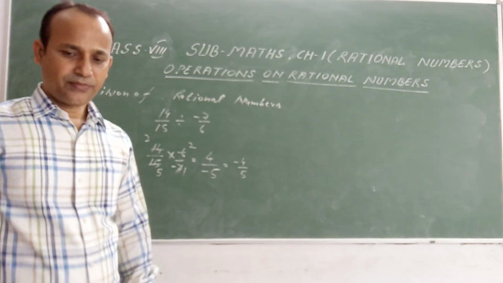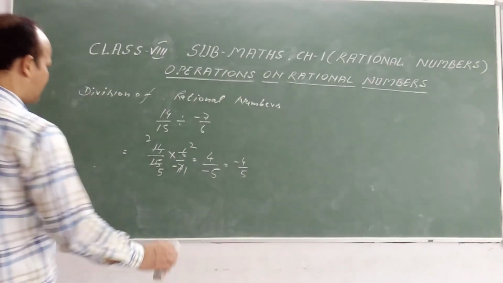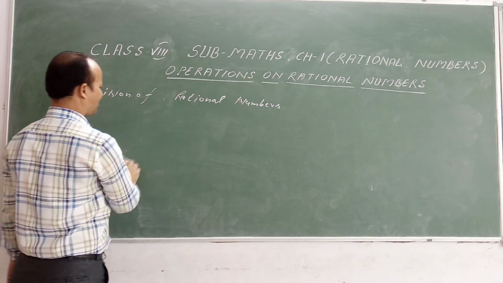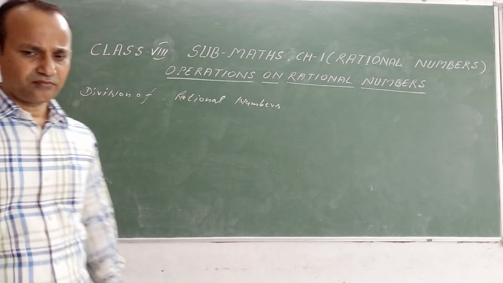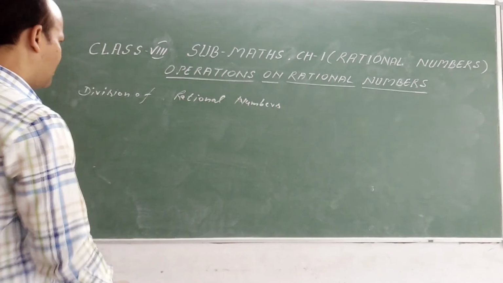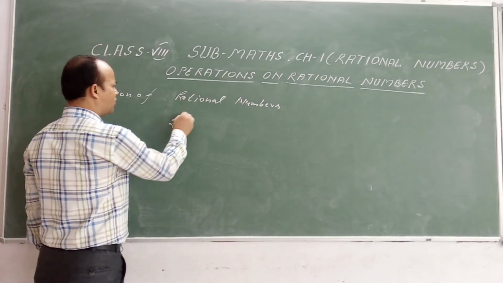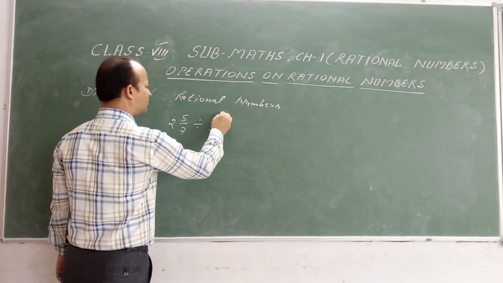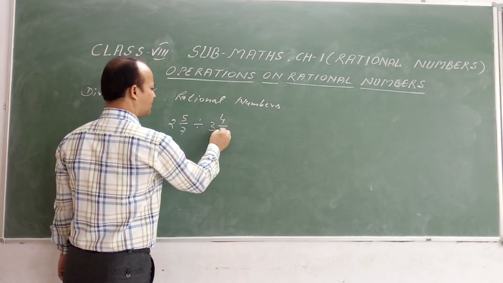Take another example. If the number is given in mixed form, like 2 whole 5 upon 7 divided by 3 whole 4 upon 5.